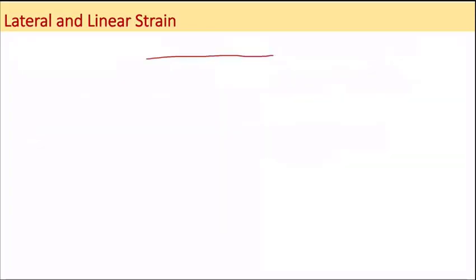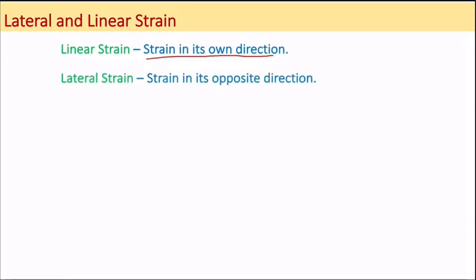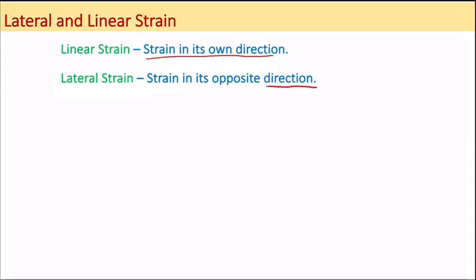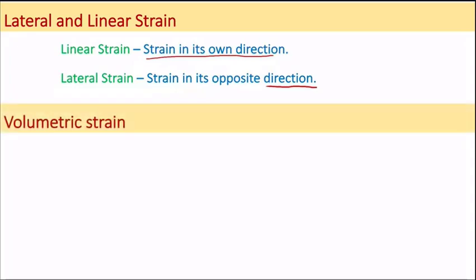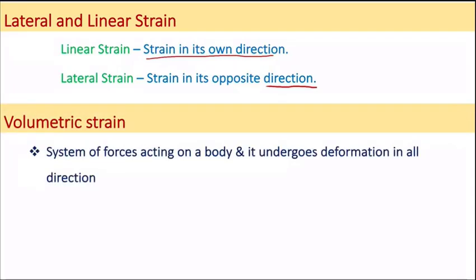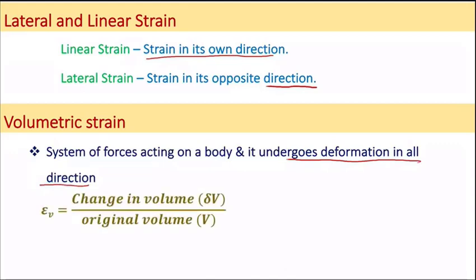Next, lateral and linear strain. Strain in its own direction is called linear strain. Strain in the opposite direction is called lateral strain. Volumetric strain: a system of forces acting on a body undergoes a deformation in direction, and that is called volumetric strain. We can calculate the volumetric strain as change in volume divided by original volume.